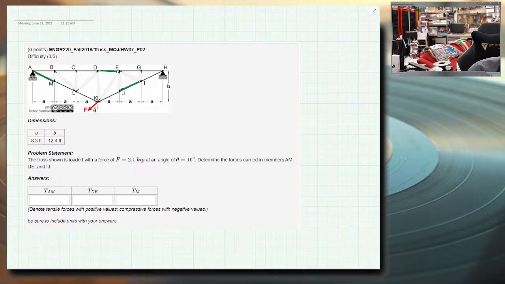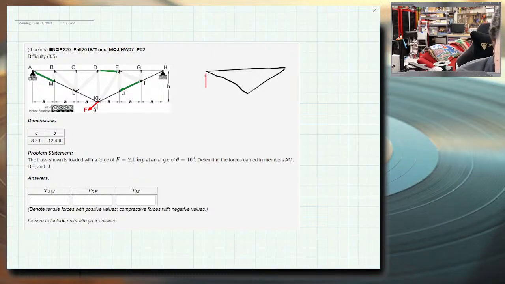So let's go over here and kind of draw what we have for a truss now. We have more or less that. There's a pin reaction at A, we'll call it AY.